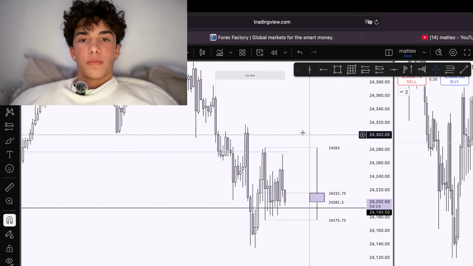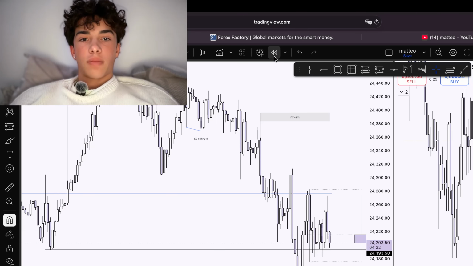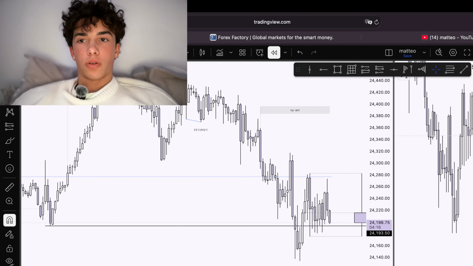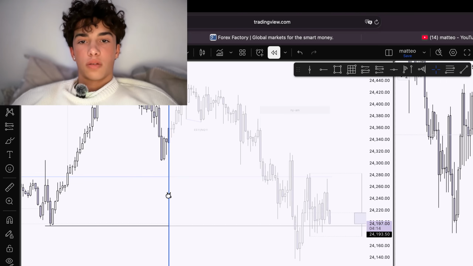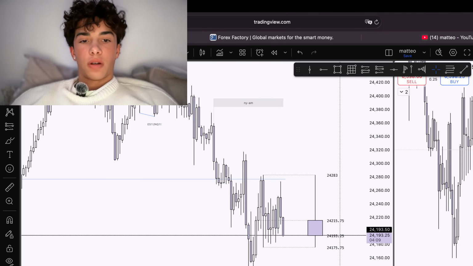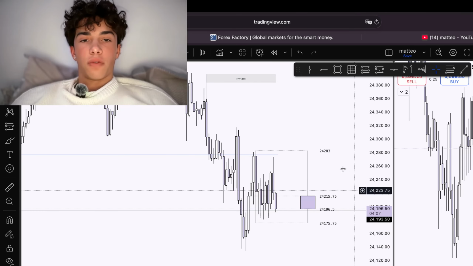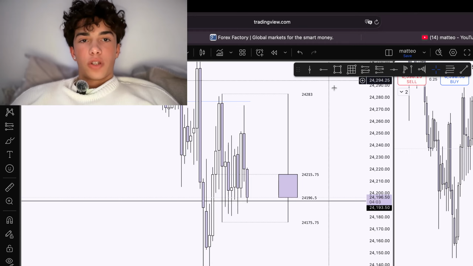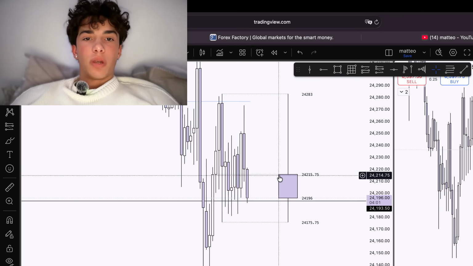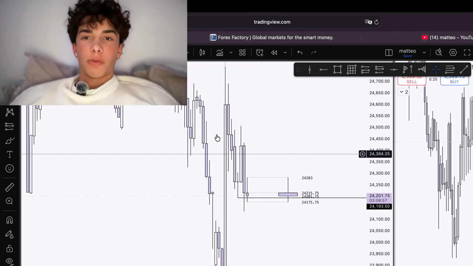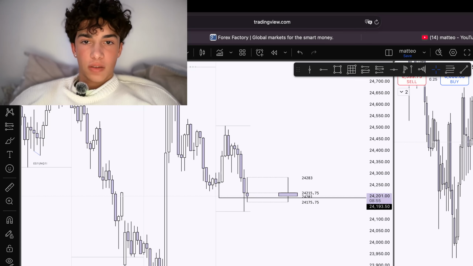So let's go, for example. Oh no, it's now a perfect time. Yeah, in 10 minutes we have the closure of this candle. As you can see, in 4 minutes we have the 4-hour candle closure, which closes with a very big wick. So this 4-hour one will probably not be a rejection block because we didn't sweep anything.